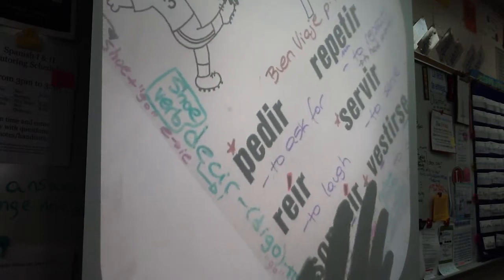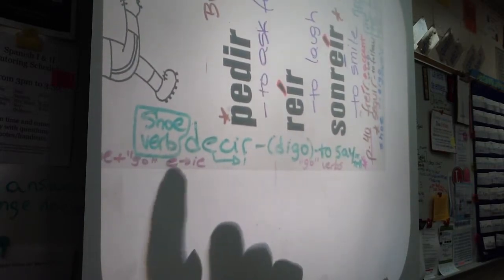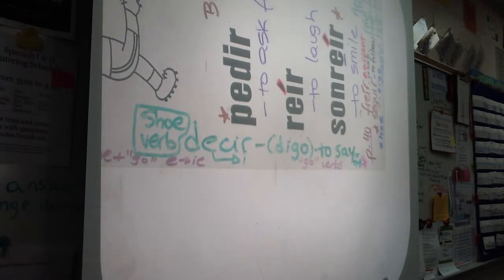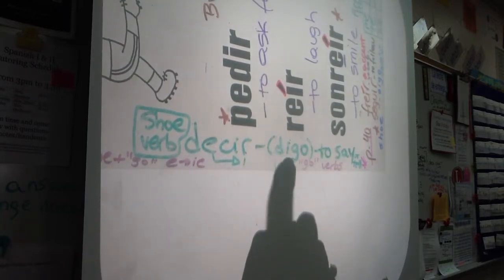A couple of things that I'm going to show you on the chart that you're about to get. The verb decir, very similar to how we did tener. Tener was tengo. It was an extra change in the yo form. So I call them shoe verbs because instead of going all the way up to the yo form in the boot, there's something extra you need to remember for the yo form.